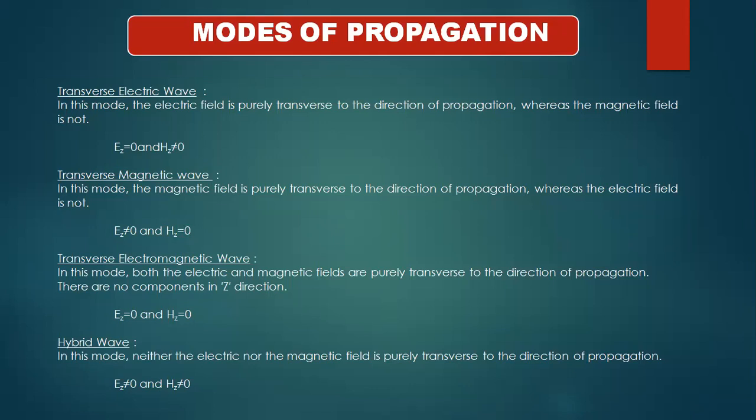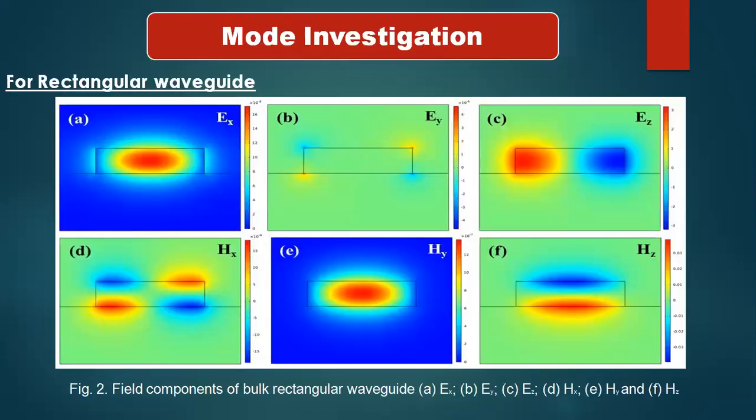Now, since we have recapitulated what the modes of propagation are, let us move on to mode investigation. First talking about the rectangular waveguide, that is, the bulk rectangular waveguide. Here, the field components of the waveguide along each of the directions for both electric and magnetic fields are given. In the first row, you can see that the electric field has a high intensity value inside the waveguide in the desired region along the x direction.